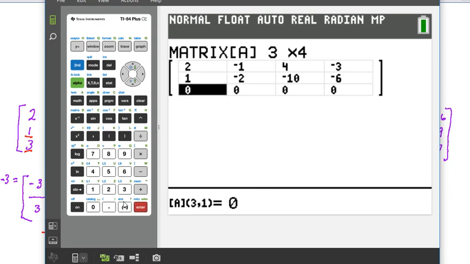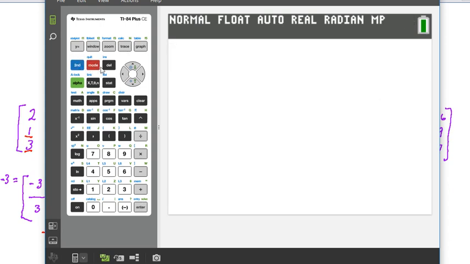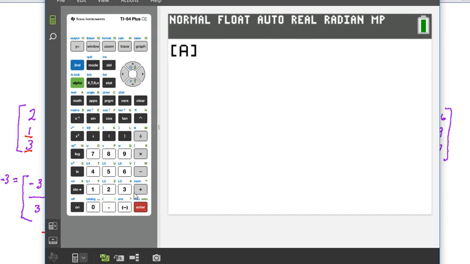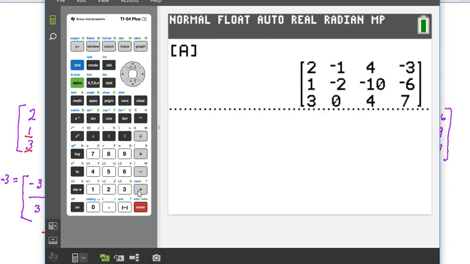And then our third row, first column, is 3, 0, and 4, 7. Okay, so go back, quit, go back to our menu. So here, just to show you what we have in matrix A, if I go second matrix and call up the name A, now it's a 3 by 4, we know, and I just hit enter, and there it shows my matrix values.